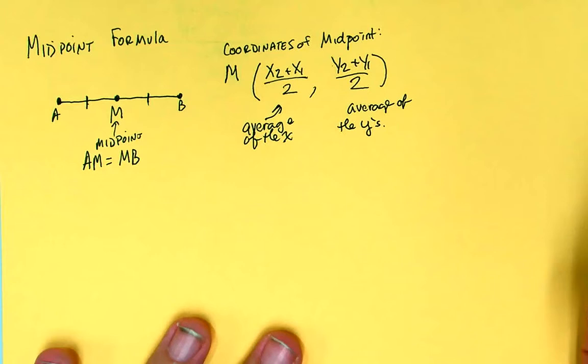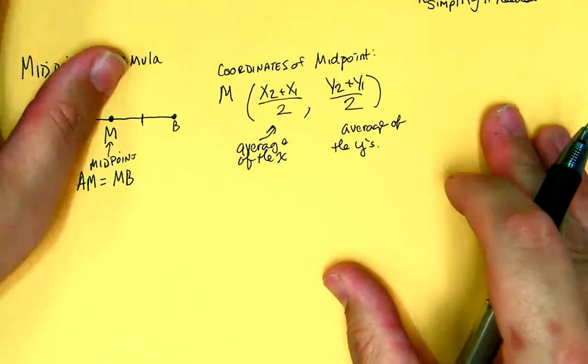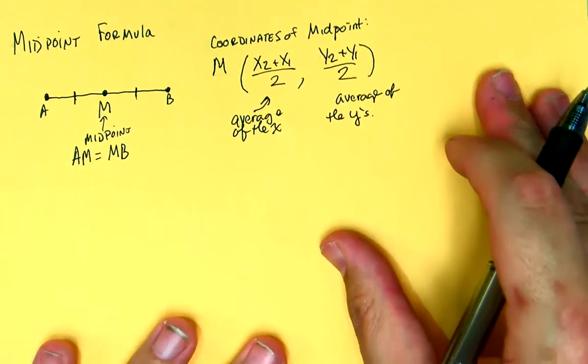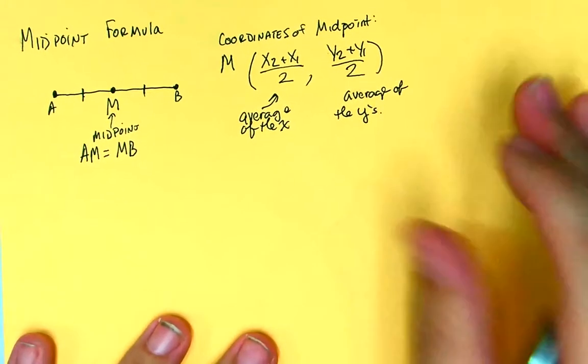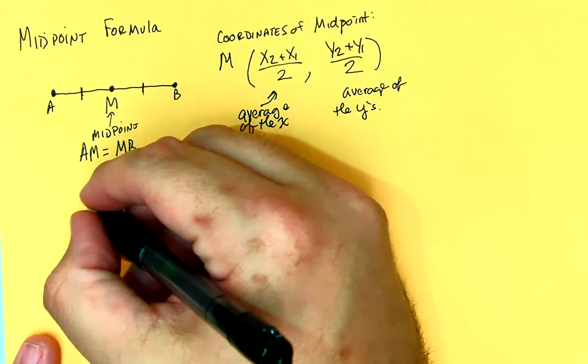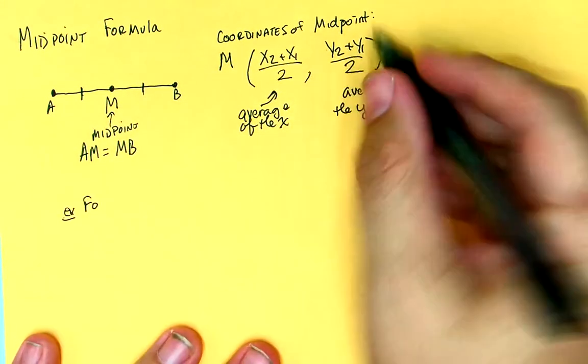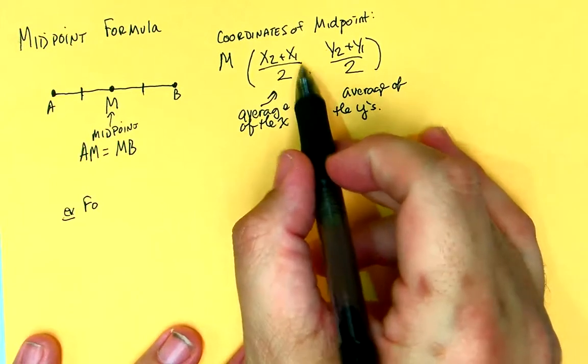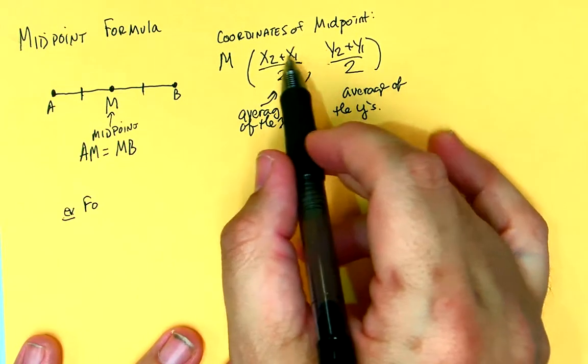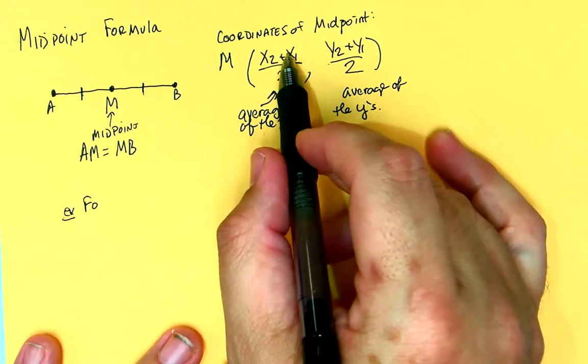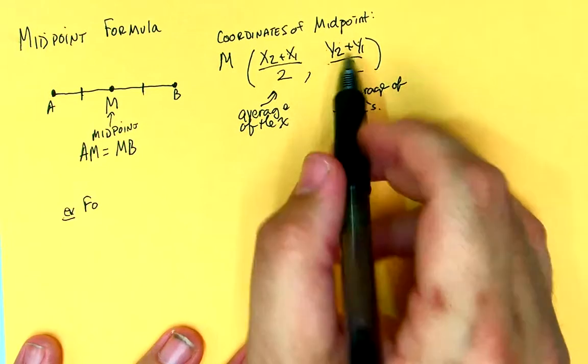Now, I'm going to show you a few different examples on how to do this. So let's say, and I'm not necessarily going to use this, but I'm going to still find the averages, because now I have to add my x's and then divide by 2, add my y's, divide by 2.